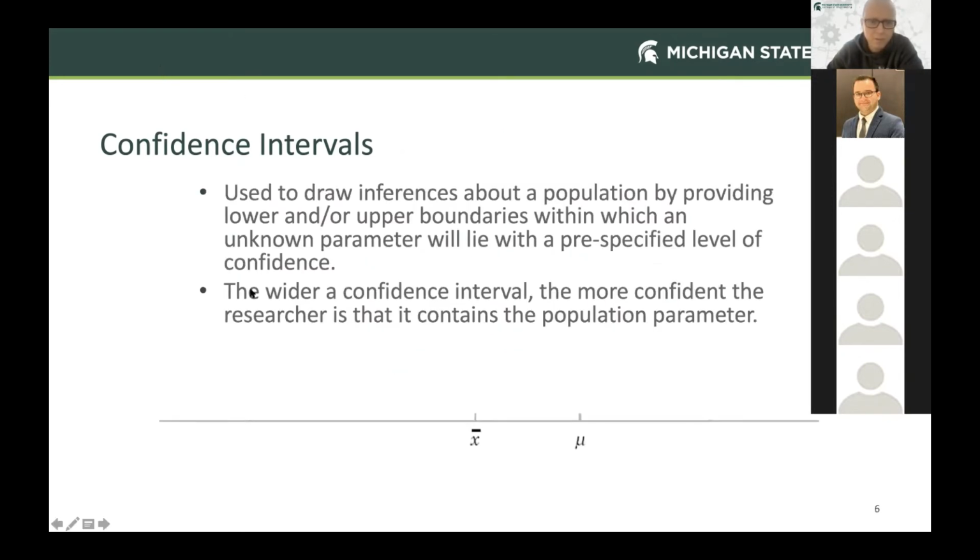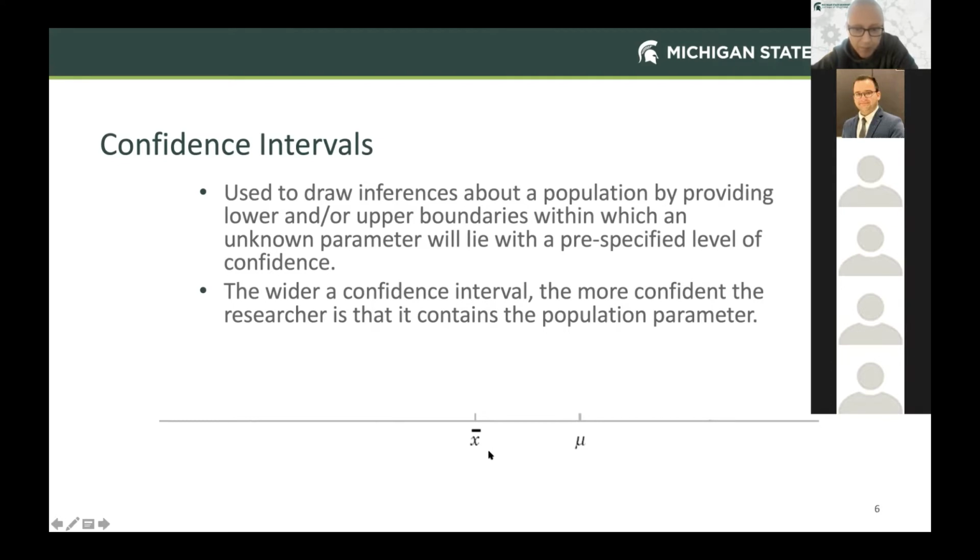Okay, and so when we think about this, what we're basically doing is constructing limits based upon our sample data. In the case of means, we're ultimately interested in drawing inferences about the mean of some population of interest, but since we're not able to observe that entire population, we're observing just a sample of that data.